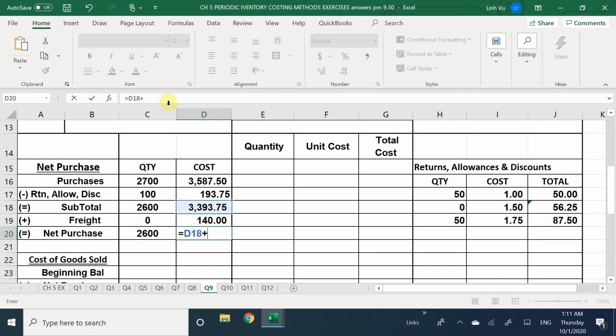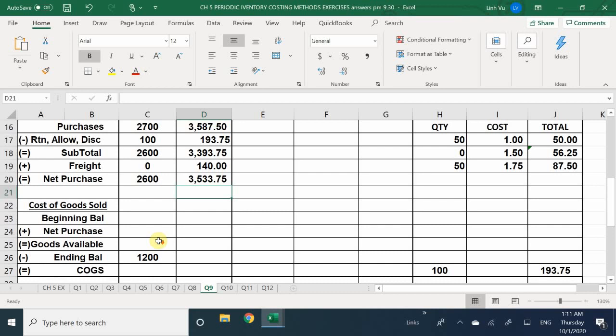3,393. I'm going to add my 140 to get me a grand total of $3,533.75. Okay.